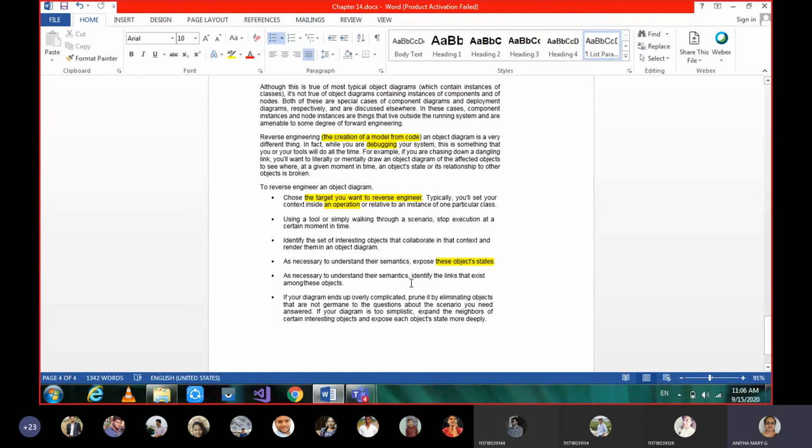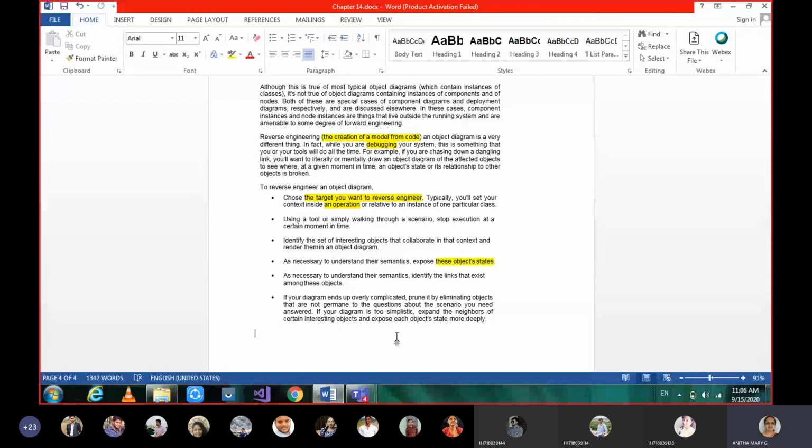These are the basics we have already learnt in our terminology. If your diagram ends up overly complicated, we have to prune it, eliminating objects that are not relevant to that scenario, and finally make it a simple diagram so that you can generate the model.